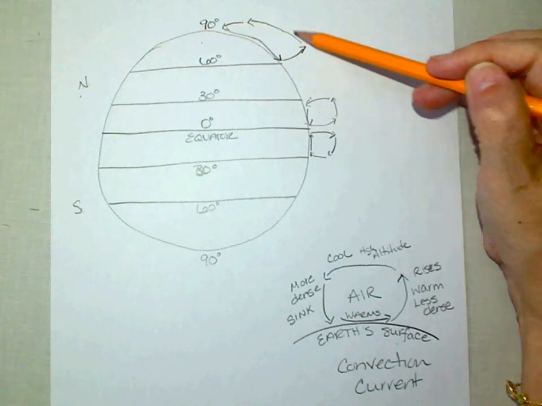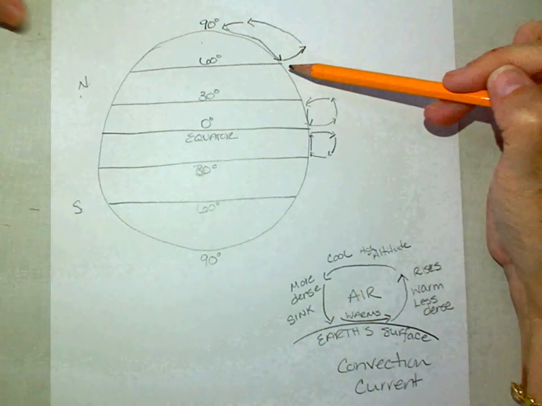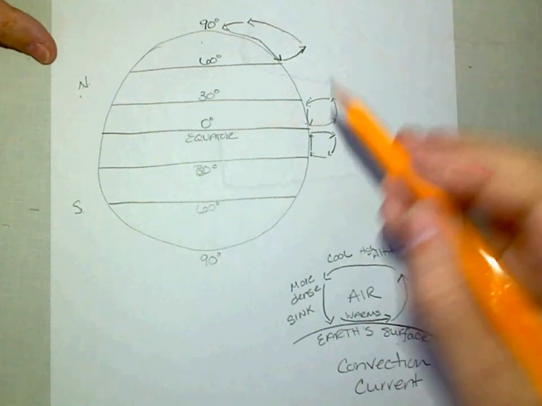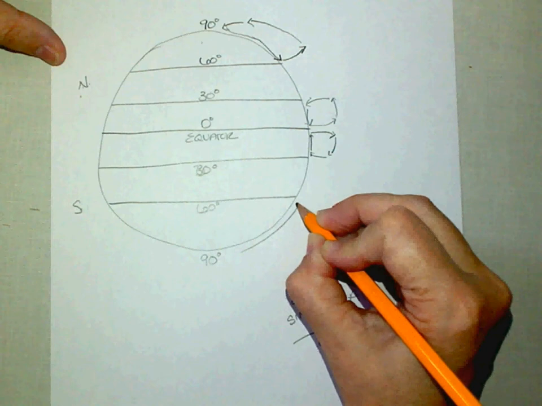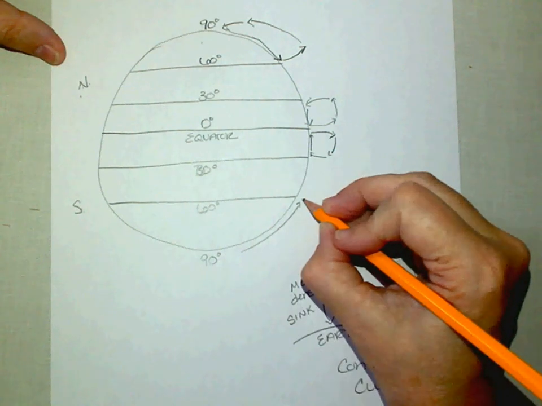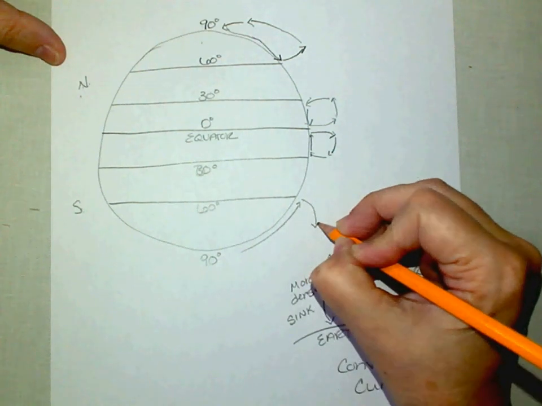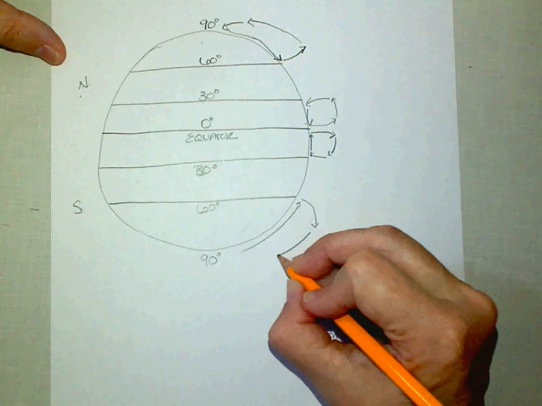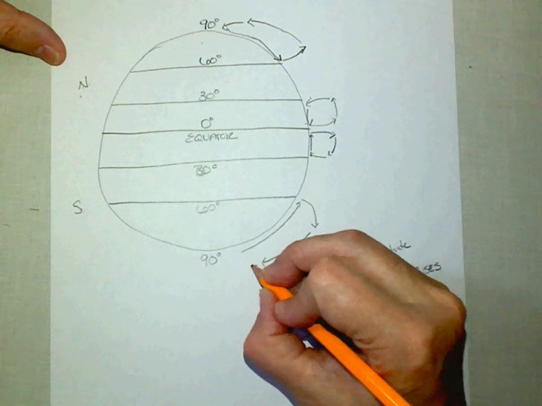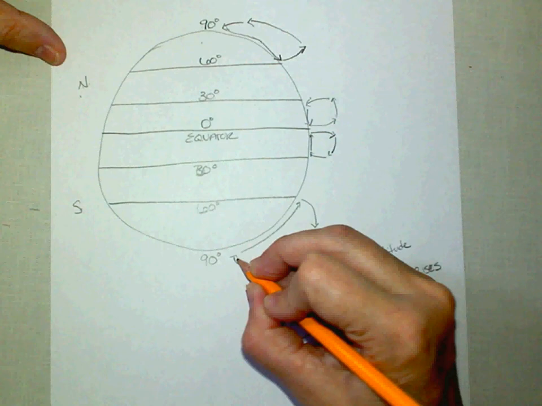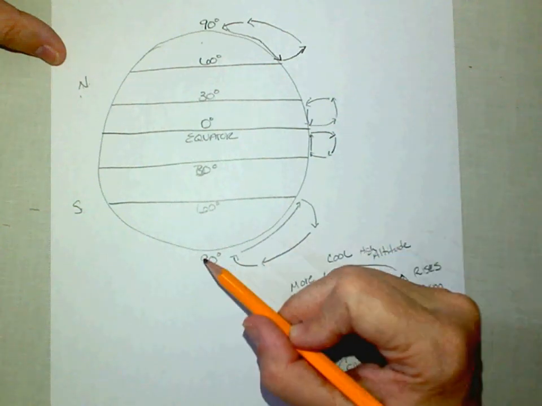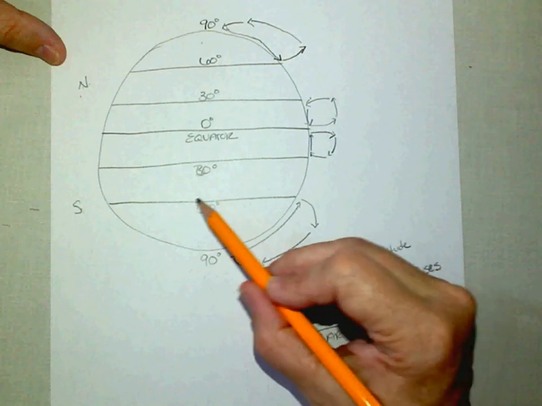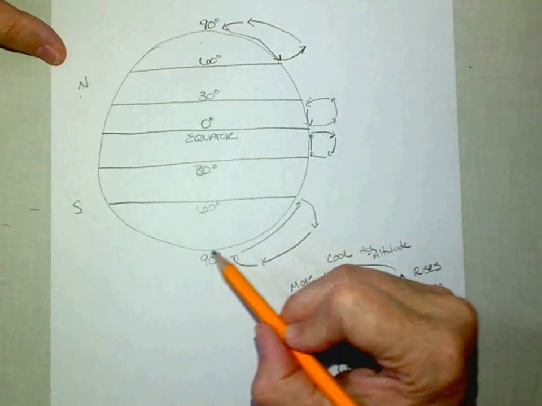Same thing happening here. I got the cool air coming across the Earth, right? It'll start to warm up, okay? As it hits that high altitude, it's going to cool, it's going to become more dense, and it will sink back down to the Earth, come across. Really cold here, warmer here. Really cold and through here, warmer as it goes to that lower latitude.